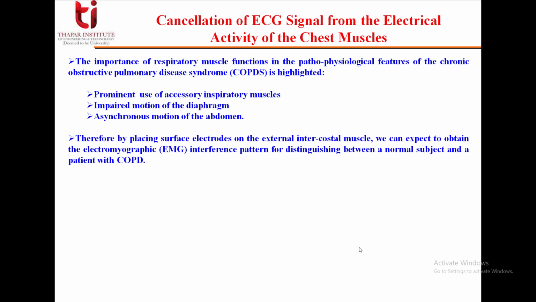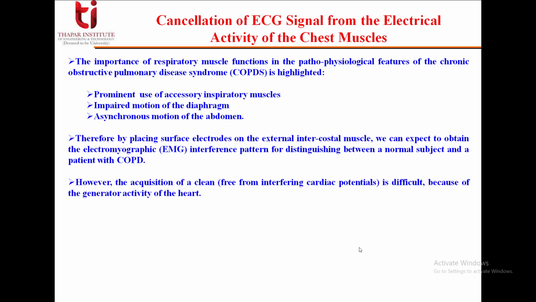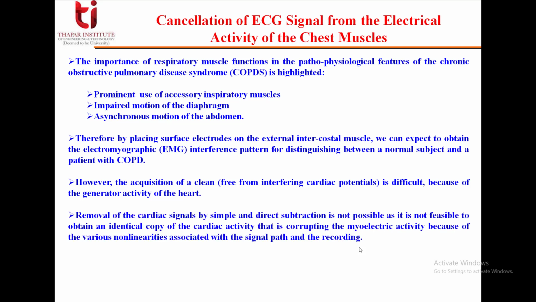Therefore, by placing surface electrodes on the external intercostal muscle, we can expect to obtain the electromyographic, that is EMG, interference pattern for distinguishing between a normal subject and a patient with COPD. However, the acquisition of a clean EMG, that is, free from interfering cardiac potentials, is very difficult because of the generator activity of the heart.